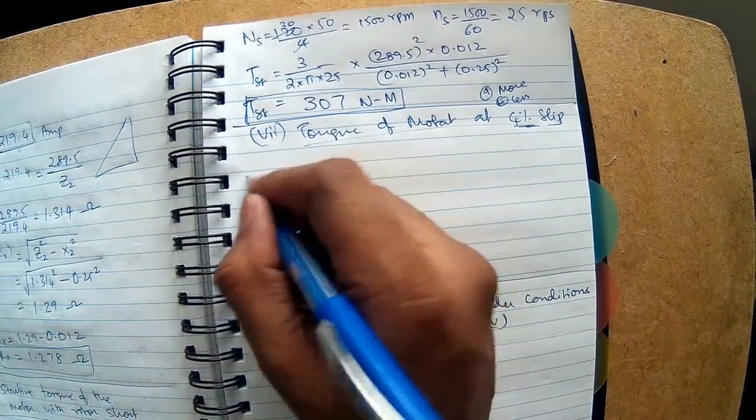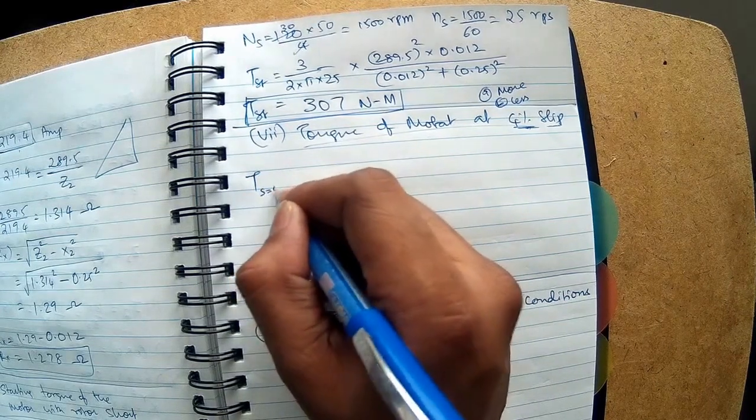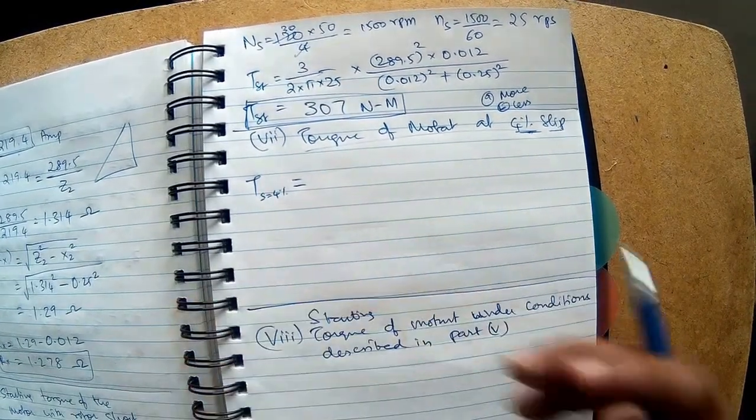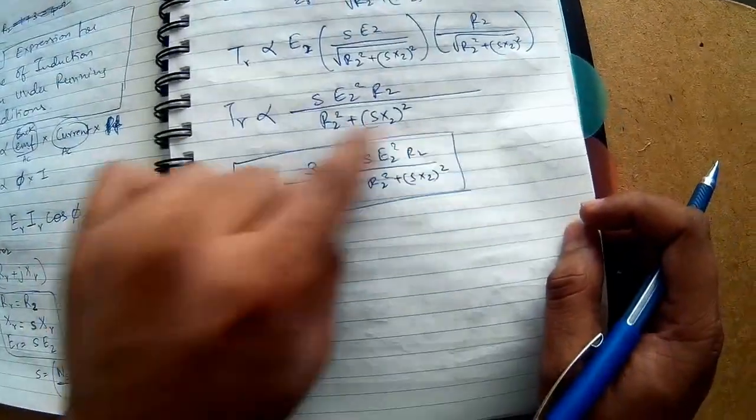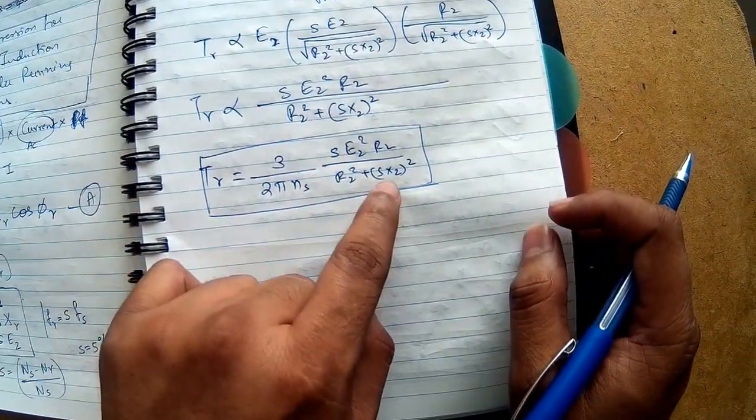Let's do that now. So what is the torque at slip equal to 4%? Again I use the same expression that we just derived. Here slip is in the numerator and slip in the denominator.